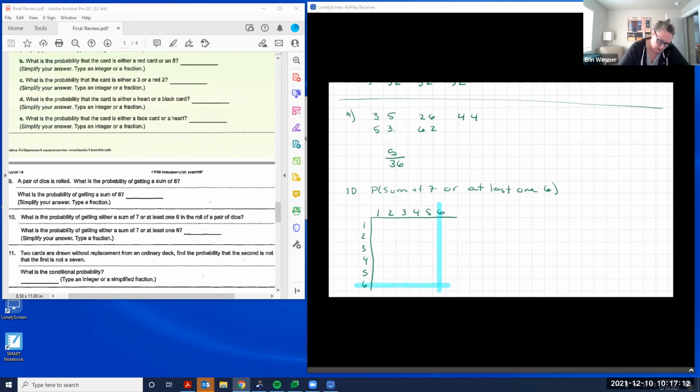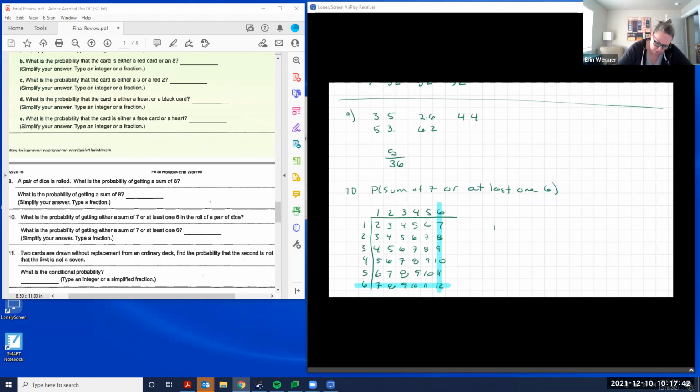If we look at the sums that are there, we have 2, 3, 4, 5, 6, 7, then 3, 4, 5, 6, 7, 8, then 4, 5, 6, 7, 8, 9, then 5, 6, 7, 8, 9, 10, then 6, 7, 8, 9, 10, 11, and 7, 8, 9, 10, 11, 12.